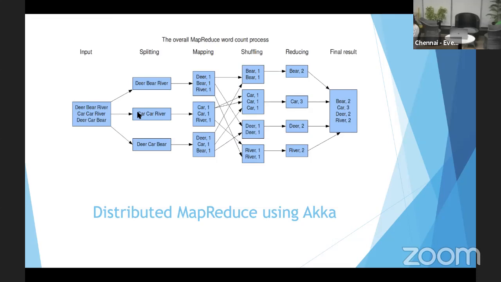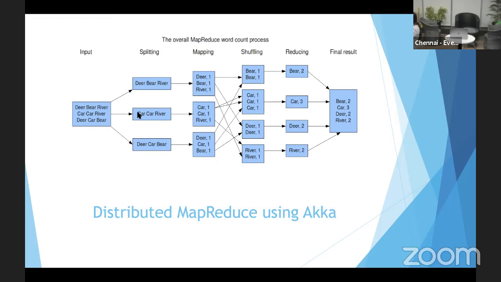There's a shuffling stage where the data is shuffled from one partition to another to get all the same words in one partition and different words in different. Then there's a reduce stage, which will finally aggregate the count in each partition. As you can see here, bear becomes 2, car becomes 3, deer becomes 2, river becomes 2.